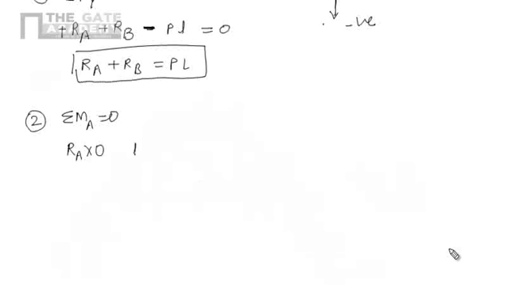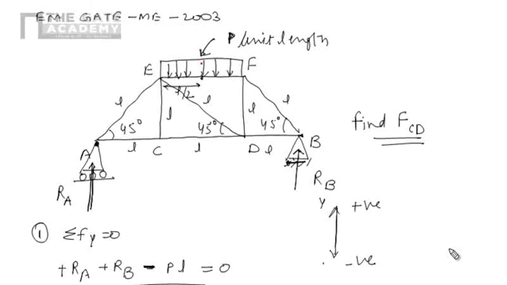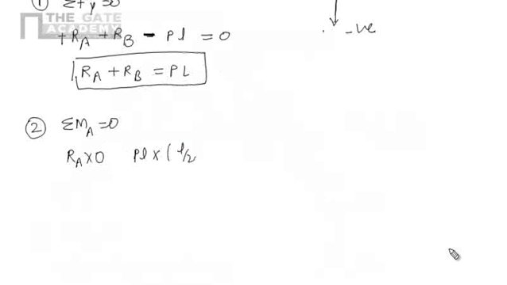So the total load is PL, and now due to this PL, the moment at A will be PL into the distance between the center of gravity of the load acting point and A. So this distance will be L by 2 plus L. It is a perpendicular distance and the nature of moment is clockwise.